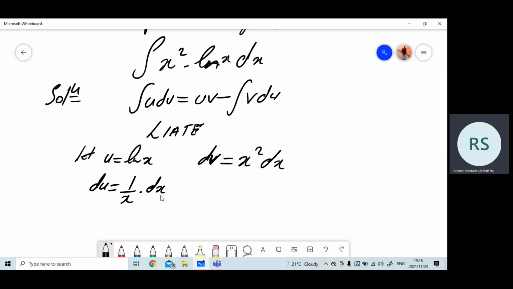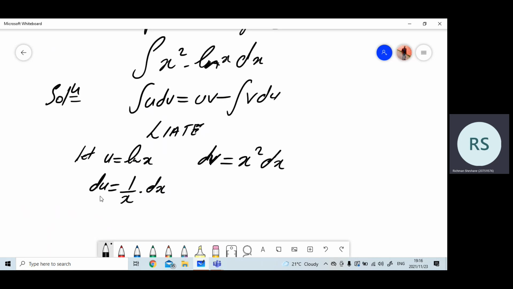Always introduce dx after you derive du, because you derive du over dx, so this dx we cross multiply, that's why we have this dx here. Always derive this function and multiply by dx. Don't make this mistake. You introduce dx after you put du, okay?